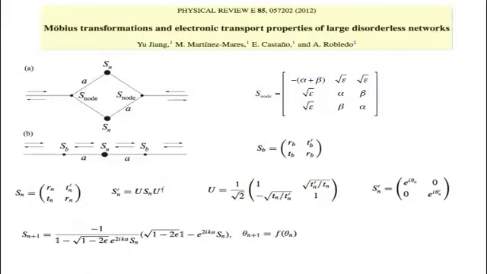Fine. Now, a little bit more. Time passed, but not much. This is already a good number of years ago. The same group revisited the problem, as it's in the title of this publication, and it was found, of course, that the scattering matrix moves around a unit circle in the complex plane, and the way it does it is as a Mobius transformation.